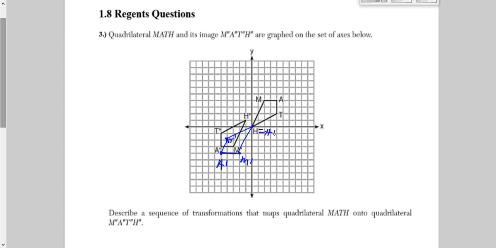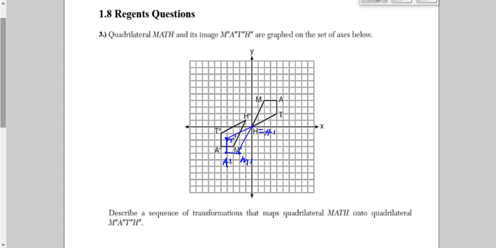I got my A prime wrong, didn't I? Yes, I did. I got my A prime wrong. Sorry. See, these could be a little tricky. Okay. So let me try that again. Yeah, so A prime is here. There we go. It happens to the best of us. A prime. Now it's more consistent, okay?